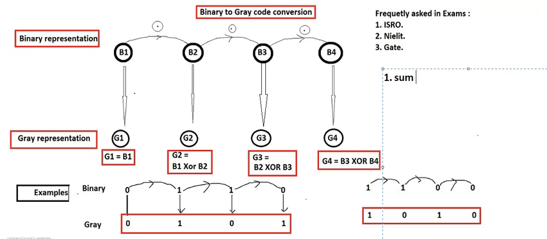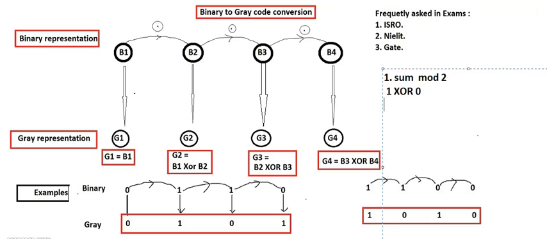First method is sum mod 2. Suppose we need to find the XOR operation between 1 XOR 0.